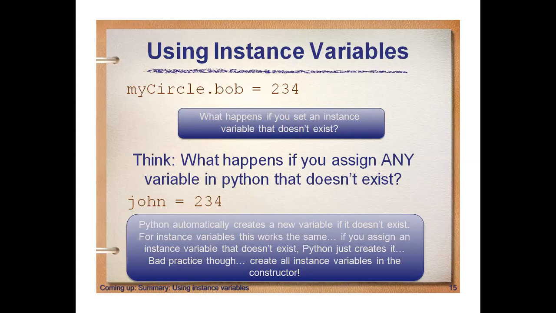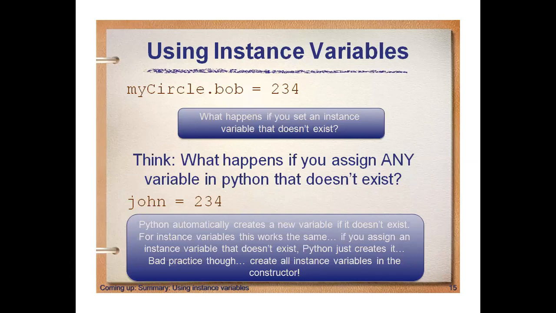Think about what happens if you assign any variable in Python that doesn't exist. Let's read the instructions carefully. Python automatically creates a new variable if it does not exist. So what is the difference here? MyCircle.bob equals 234: this instance was not there, but at the time of creation we are putting some value in it. The system will accept it as it is.